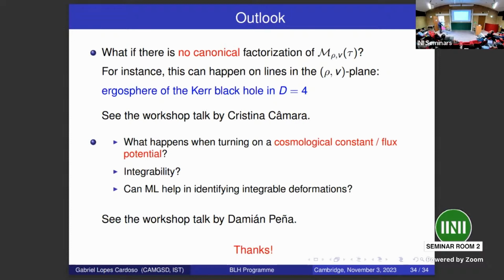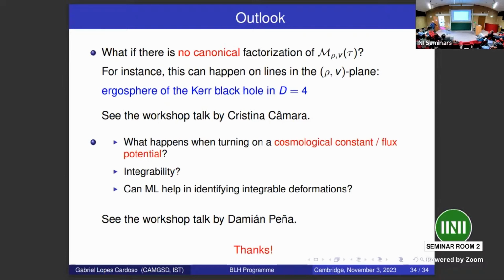So she will be addressing this question, and what can, for instance, happen is that on certain curves in your rho-z space-time, you find that there is no canonical factorization. And you may wonder what the interpretation of that is. And in Kshina's talk, you will hear that this is related to the appearance of an ergosphere in rotating geometries.